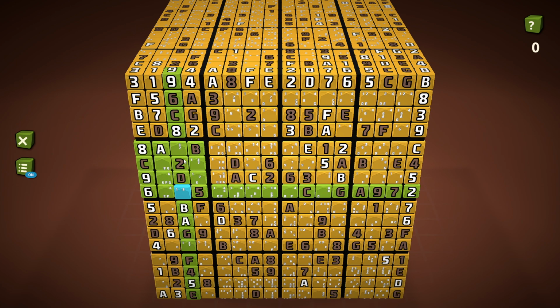So, we have a 2 here. All of them can see a 4, apparently. Yes, and yes. 5 here. These two can see a 6, and that can see a 6. Okay. Apparently no 7s, though.